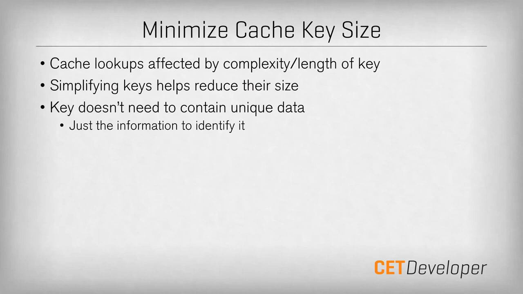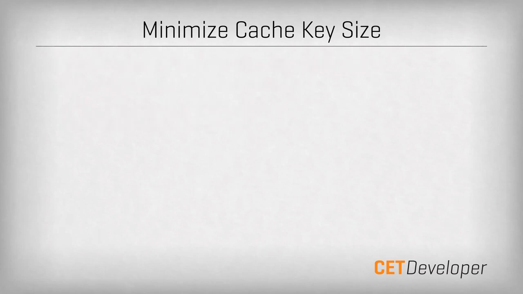We just need to generate a key that uniquely identifies the value. If we can accomplish that in a reproducible way, we've won. So what are some ways we can still uniquely identify our data, but without inserting any more information into our cache keys than we need to?